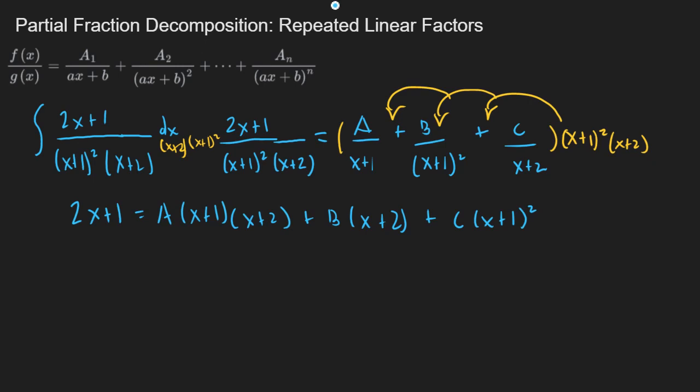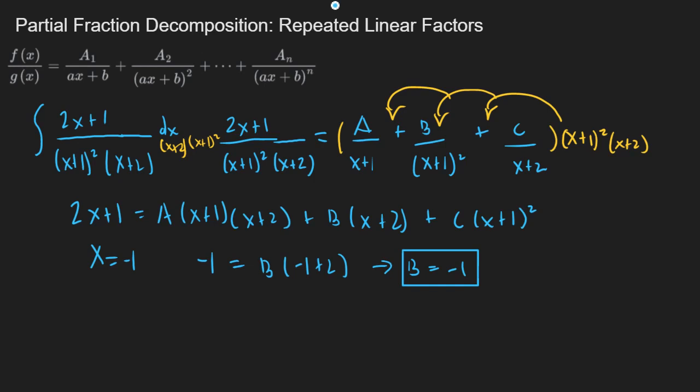The most convenient one would be x equals -1. On the left-hand side that's -1, equals b times (-1 plus 2), which tells us that b equals -1.